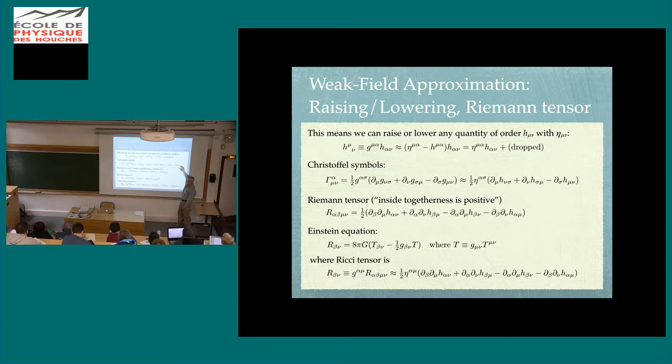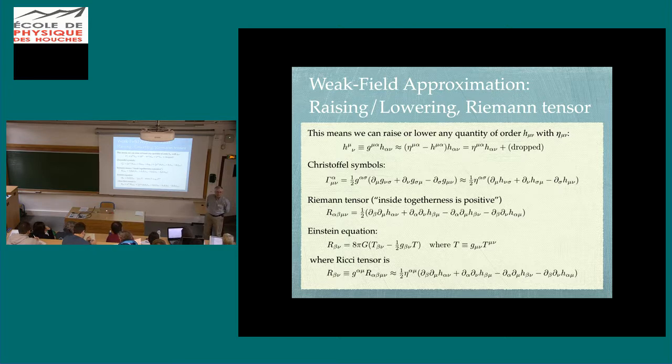These terms are all of order h, so I'm dropping h squared terms. Okay? And why do I only have h's here? Yeah, the flat space metric doesn't depend on anything. So the Riemann tensor in this approximation becomes this, right? Does that make some sense?